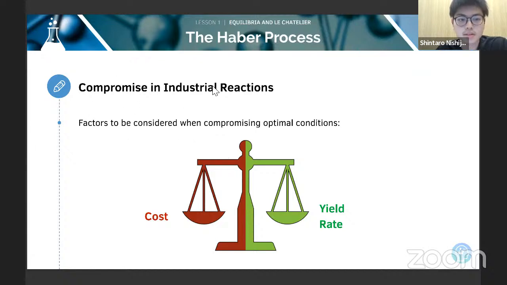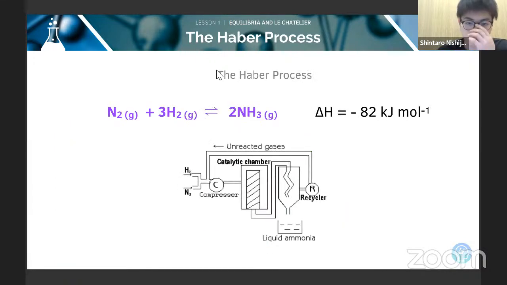That's the other topic that you need to know, which is the compromise in industrial processes. So the Haber process is just nitrogen and hydrogen going to ammonia. And it's an exothermic reaction forwards because remember, negative sign. So let's just think about temperature.